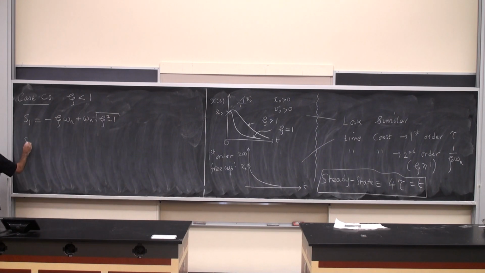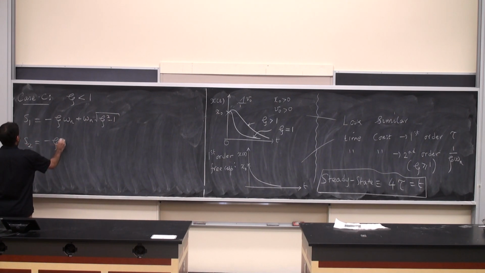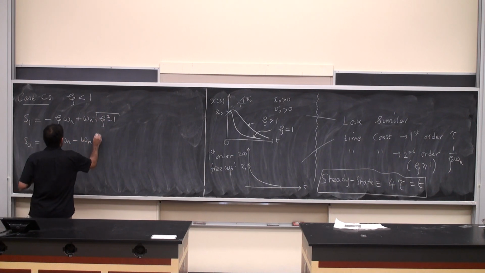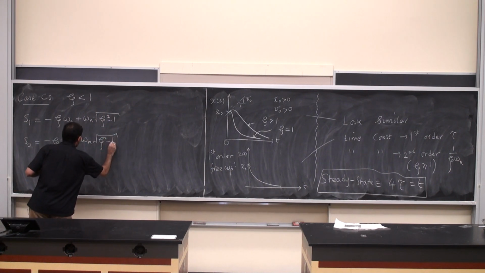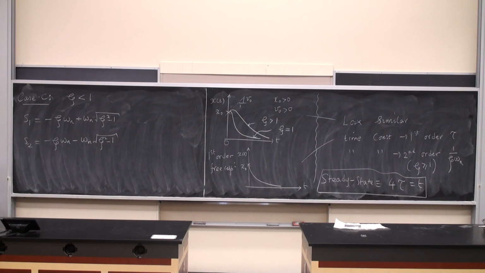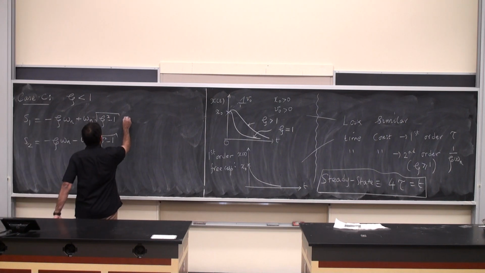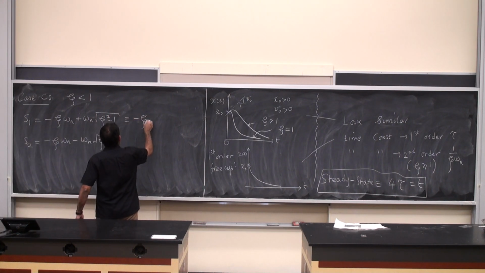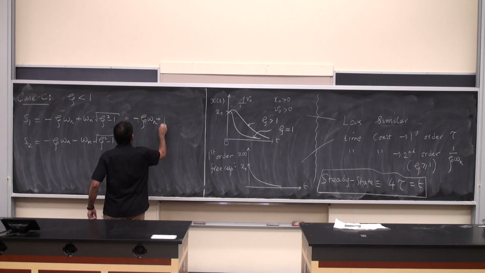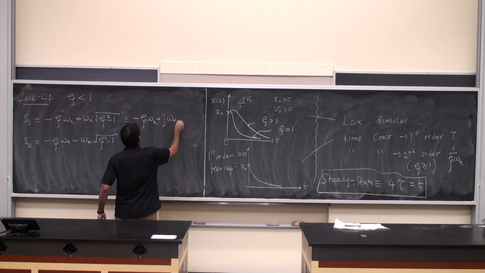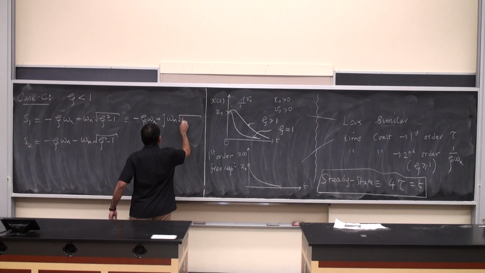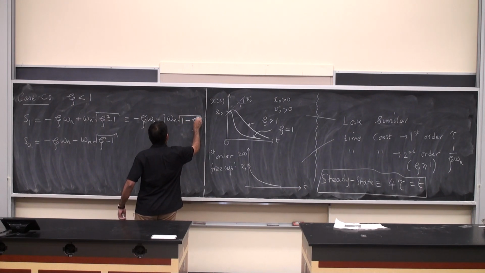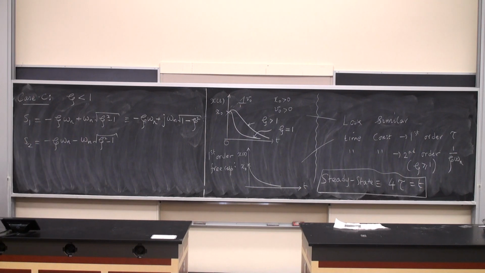And then I have S2 is minus... these are the two roots from the beginning. Zeta square minus 1, if zeta is less than 1, is an imaginary number, so I'm going to flip it and say this is the following. Minus zeta omega n plus j times omega n times the square root of 1 minus zeta square. Please notice this.